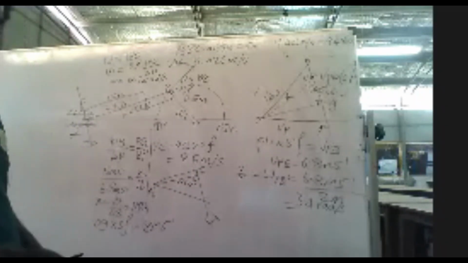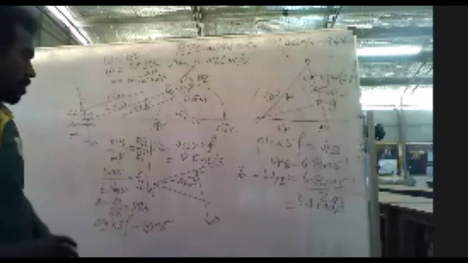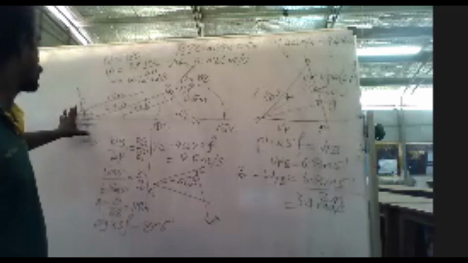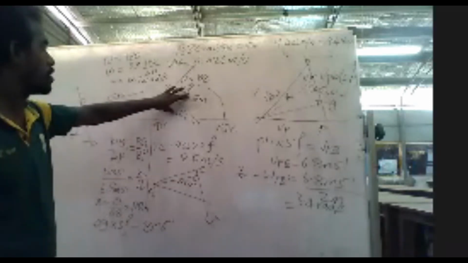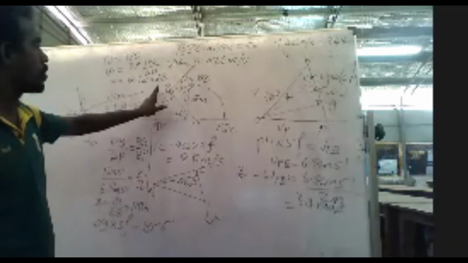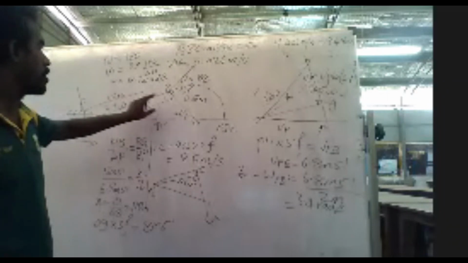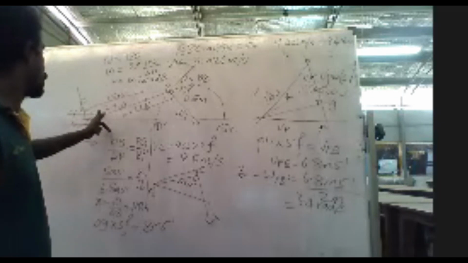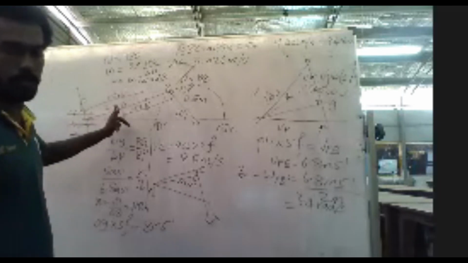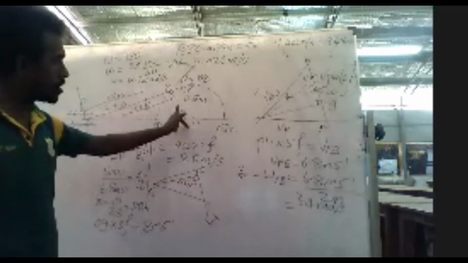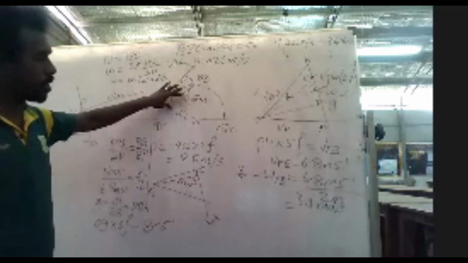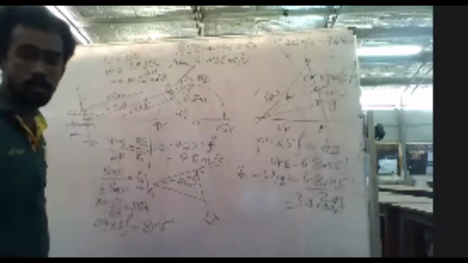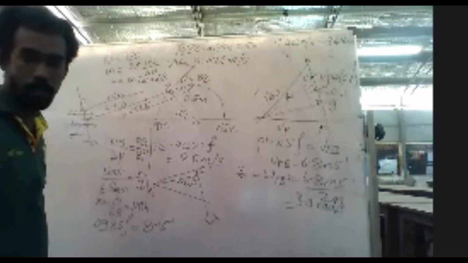So I know this is a sliding member, and this is a turning member. So here, both the omegas are going to come, right? This is a sliding member and this is the turning member. So only the turning member is going to come. This is a fixed thing and this is the turning member. So only one omega is going to come, right? So based on that, I will go for that.